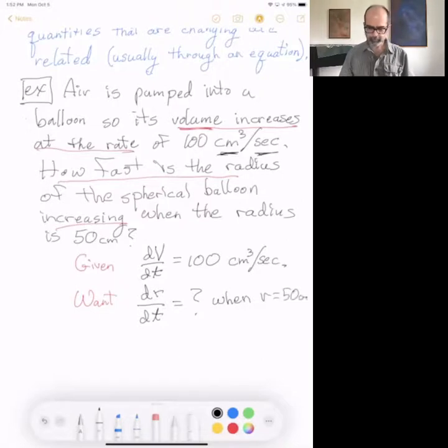Okay. So now they're there, but how do you know that they're related to one another? Well, the definition says two rates of change are related if the original variables are related. It says a spherical balloon, so how are volume and its radius related?